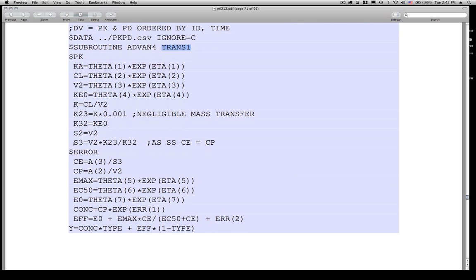And then we also set up this equality here, which allows us to estimate effect compartment concentrations on the same scale or same magnitude range as plasma concentrations. All we're saying is that the intercompartmental clearances are equal. So in other words, S3 times K32 equals S2 times K23. That equality allows us to interpret the effect compartment concentrations as if they were plasma concentrations.